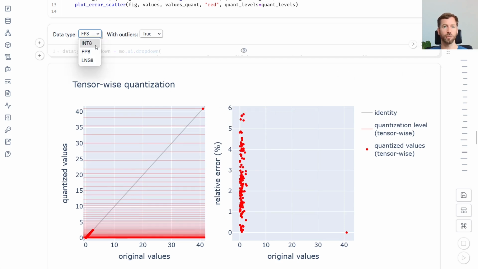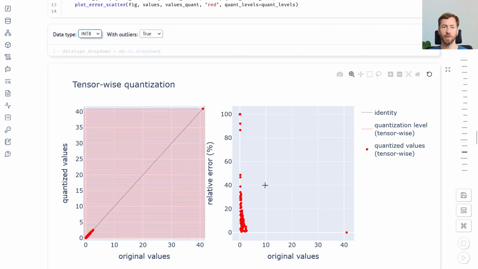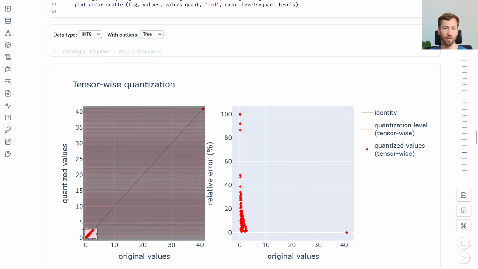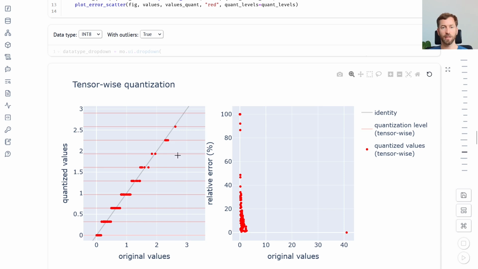If we now go to the integer data type, we see that we also want to represent the outlier. Then there are many unused quantization levels. If we zoom in to all the values except the outlier, we see that only a handful of quantization levels are left, and this results in rather large relative errors.